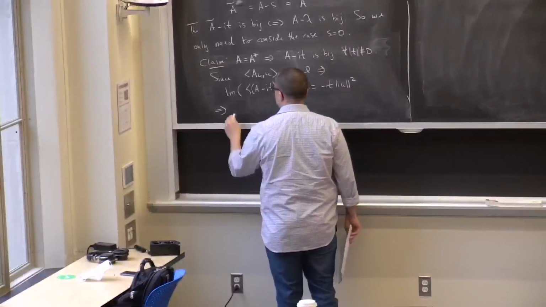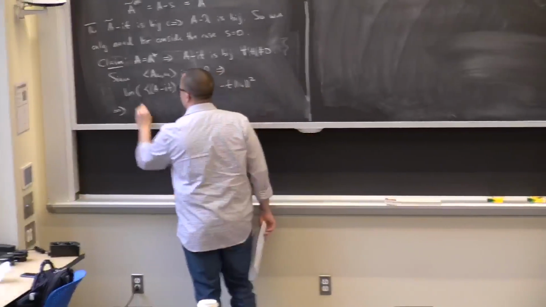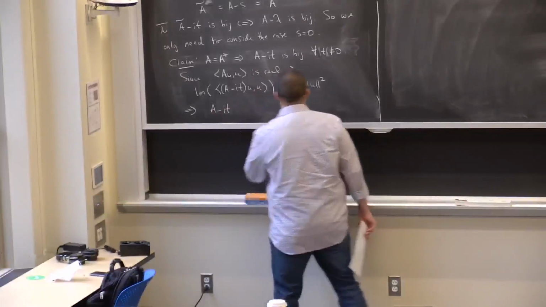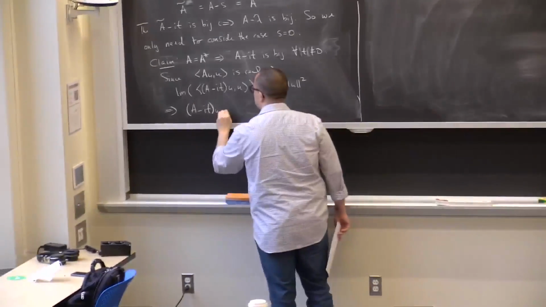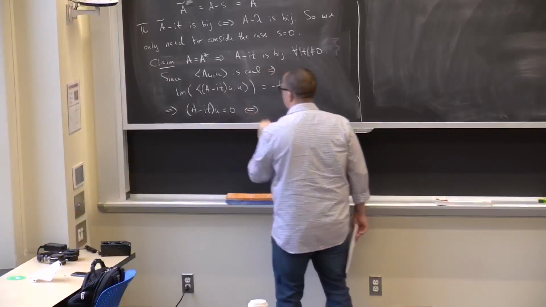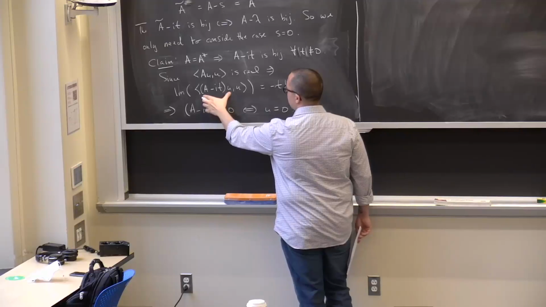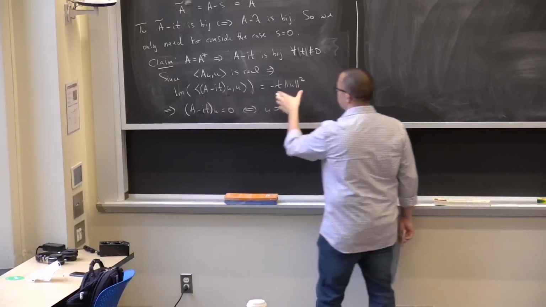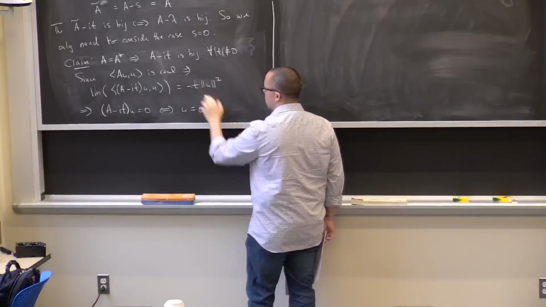Which implies that, since T is non-zero, we're assuming T is non-zero, A minus IT times U equals 0 if and only if U equals 0, right? Because if this quantity equals 0, then this thing here equals 0, and therefore the norm of U has to be 0 since T is non-zero.